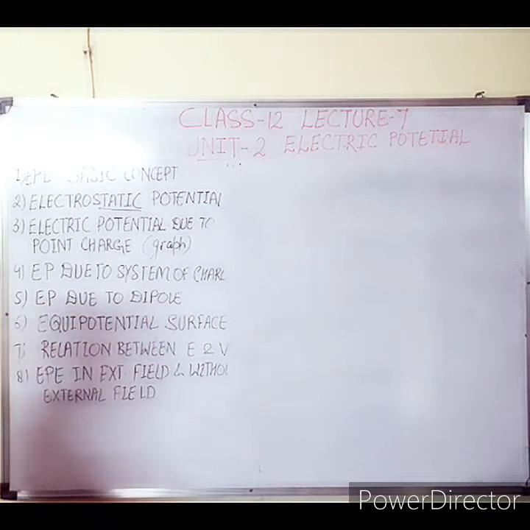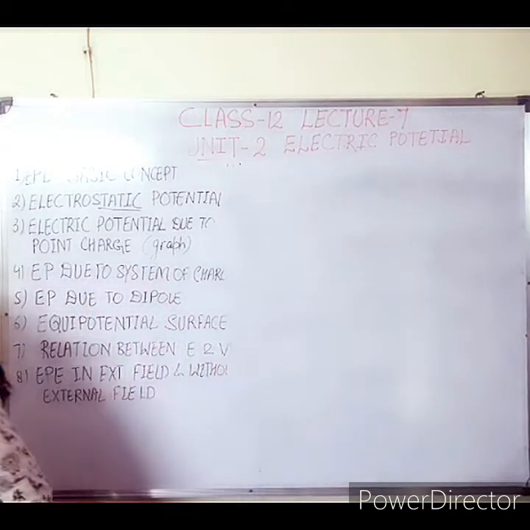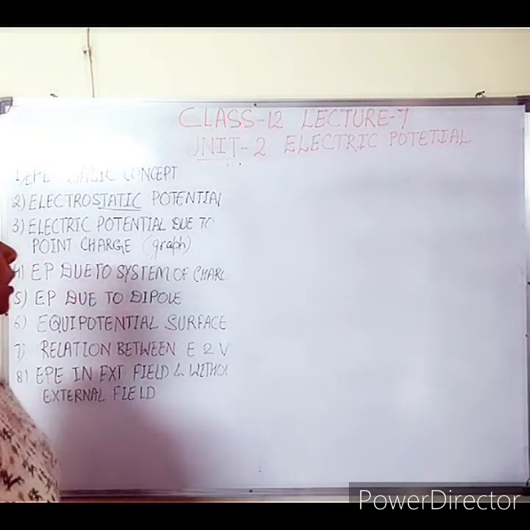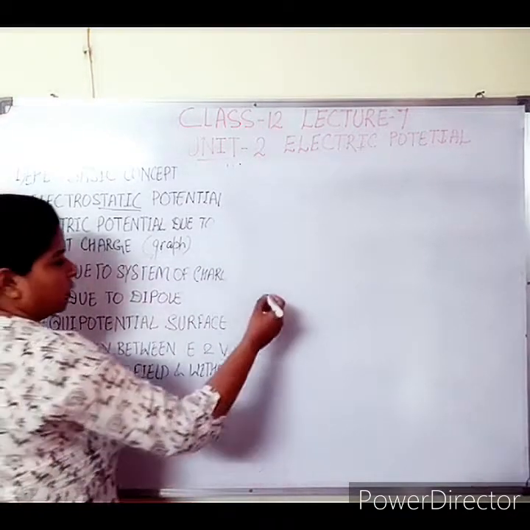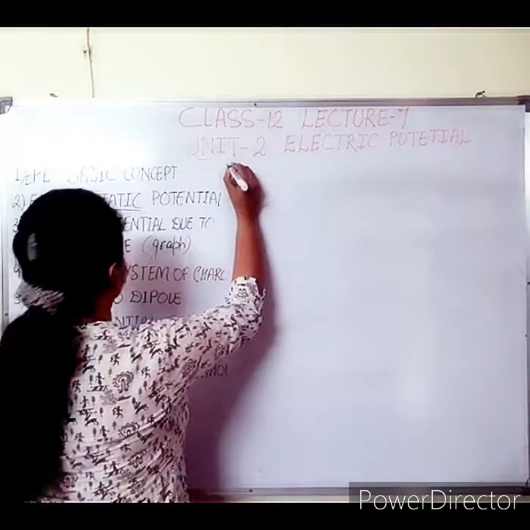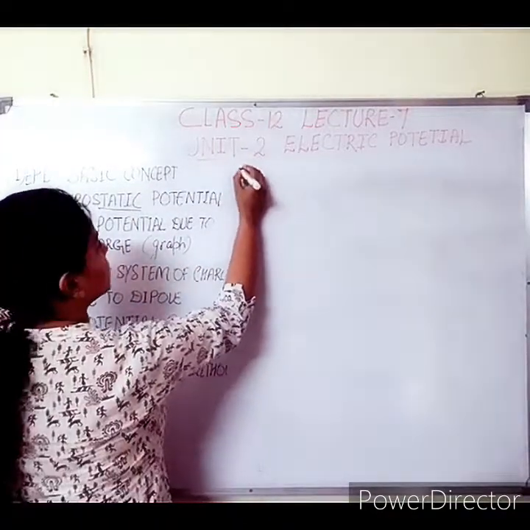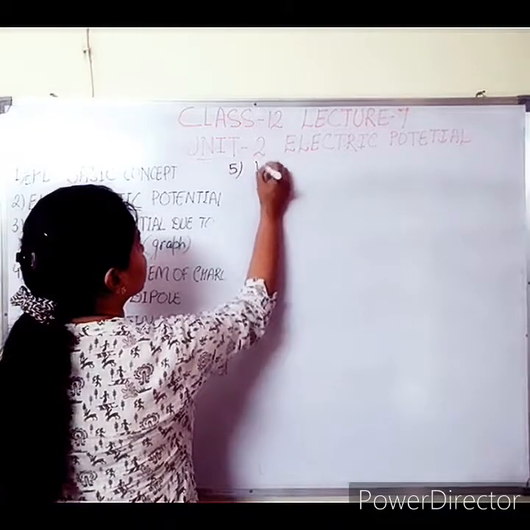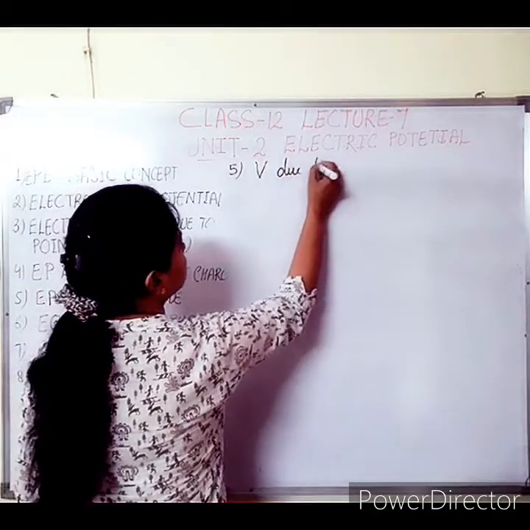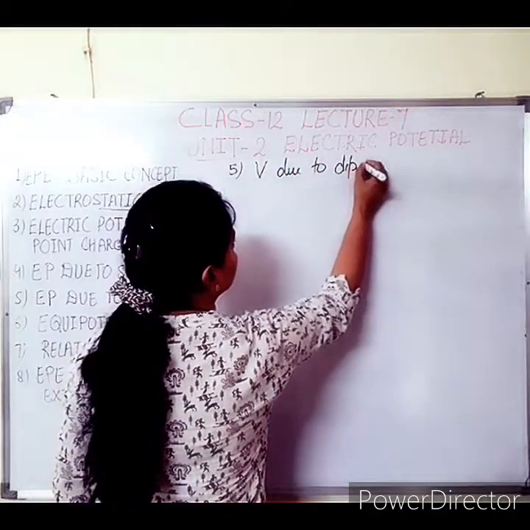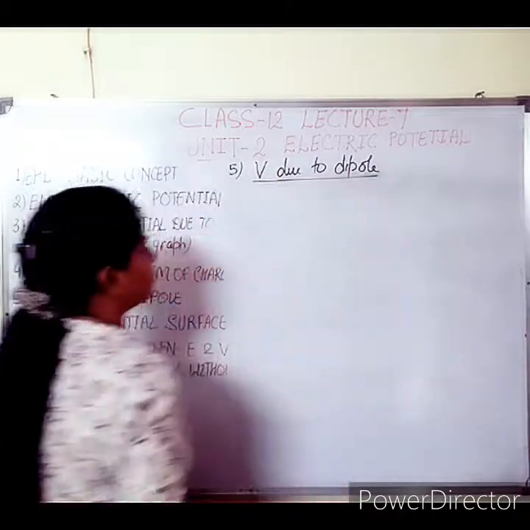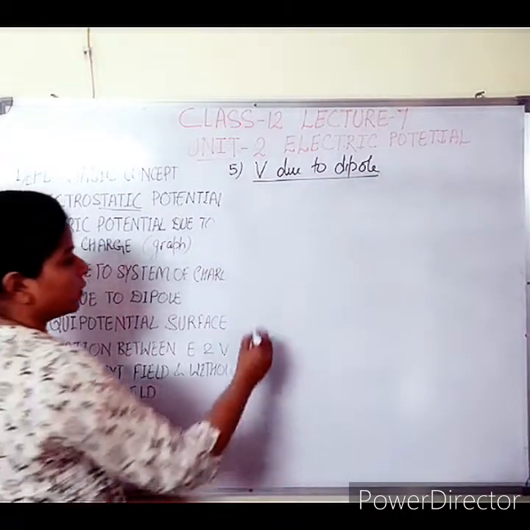Now come to the next point, electric potential due to a dipole. We are considering the fifth case, electric potential due to a dipole. We will take the variable case.